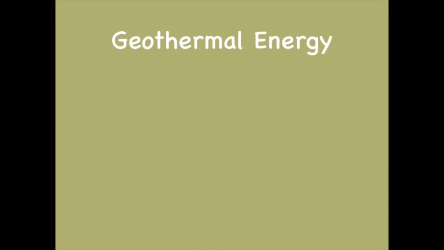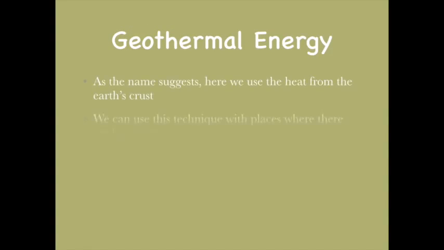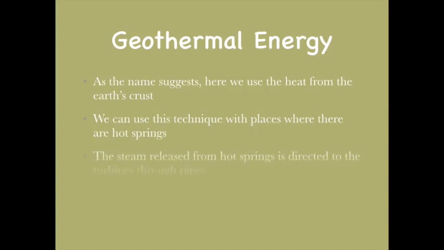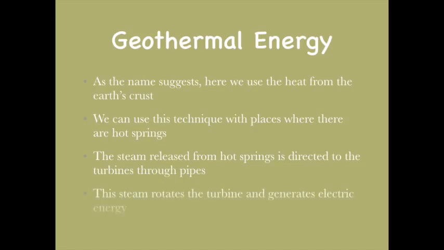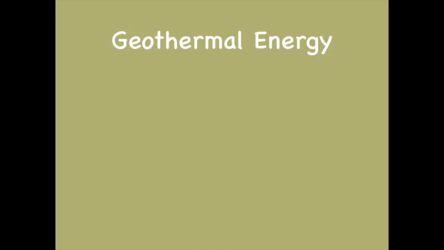Now let's study geothermal energy. As the name suggests, this uses the heat energy from the earth's crust, and we can use this technique where there are places equipped with hot springs. When steam is released from a hot spring, it can be directed to a turbine with the help of pipes, and the steam will help in rotating the generator.